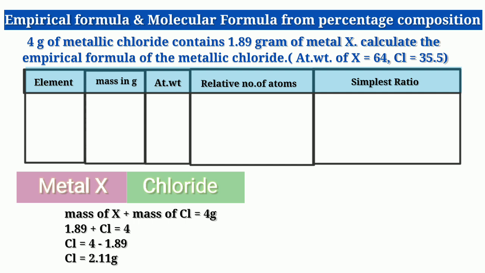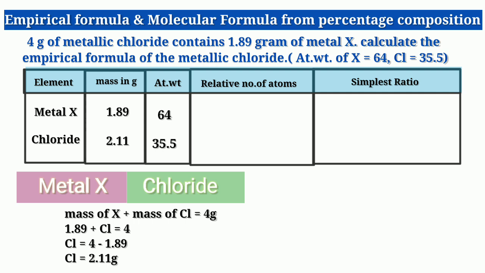With the information now we have, we can fill first 3 columns. Elements are metal X and chloride. Mass in grams is 1.89 and 2.11. Atomic weight is given. Atomic weight of X is 64 and that of chloride is 35.5. Our next step is to find relative number of atoms. For that we have to divide mass in grams by atomic weight.